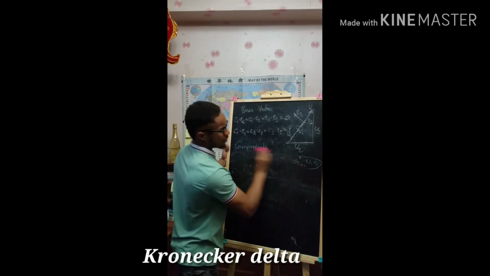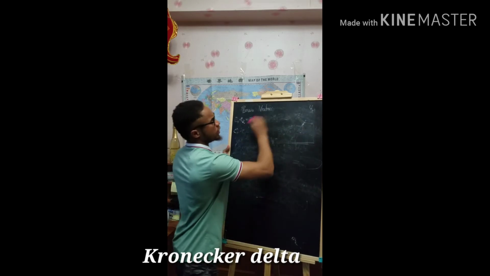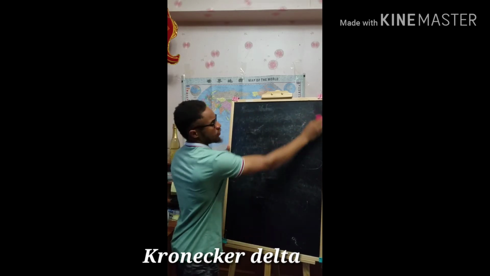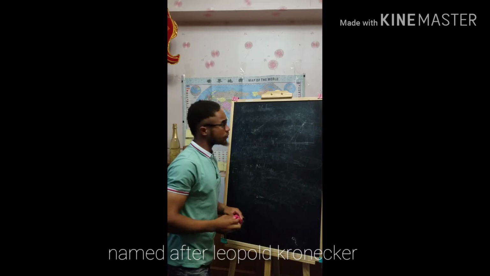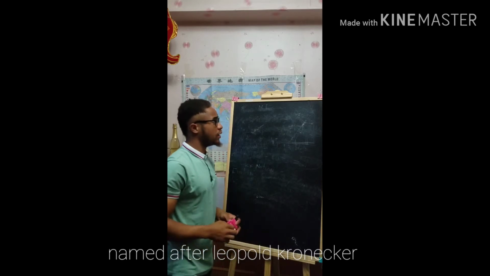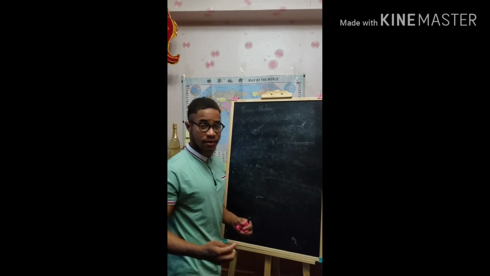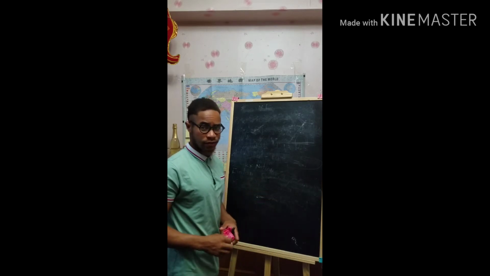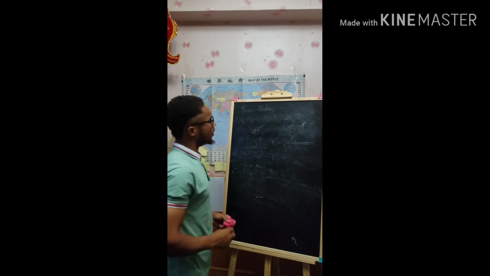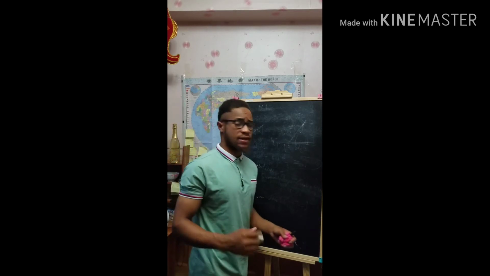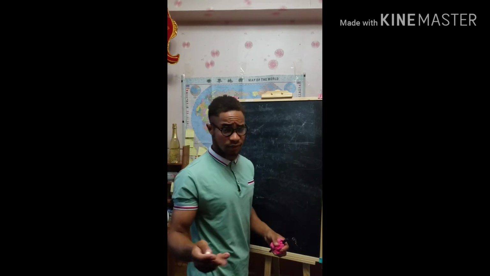Kronecker delta, named after Leopold Kronecker. The Kronecker delta is used in many areas, in physics, mathematics, and engineering. The Kronecker delta has two values, 0 and 1.